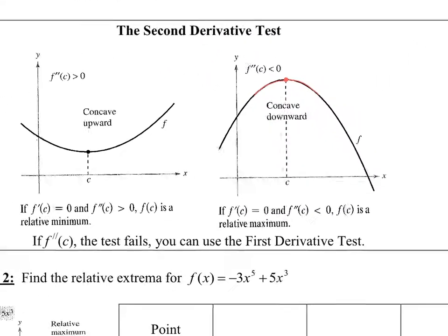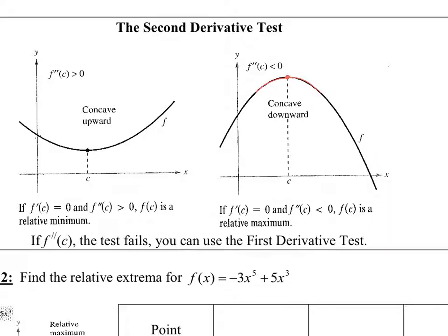Now, what if we try this and it fails? Okay, well, by failing, we mean, maybe it equals 0 at that point. Okay, so the first derivative equaled 0 and the second derivative equaled 0. We could then go back and use the first derivative test, where we're looking at increasing or decreasing.